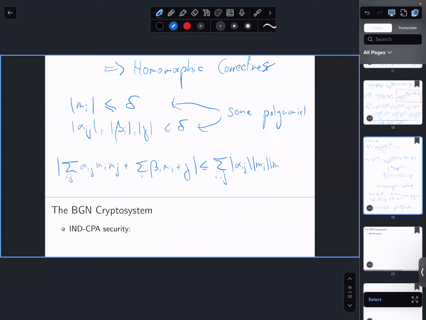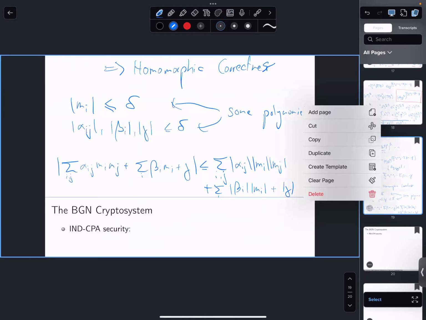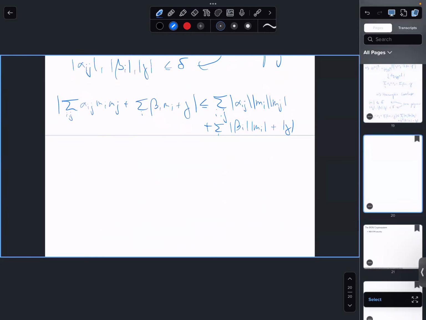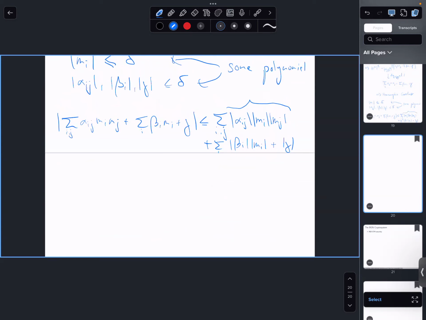Each of these is smaller than delta, so the first term is smaller than delta to the 3.